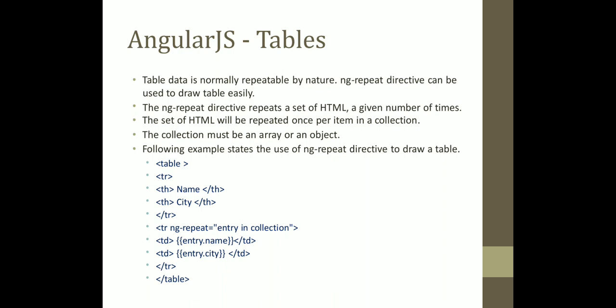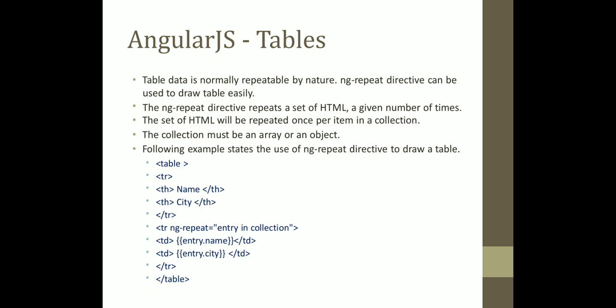So we have started the table with the table tag, then the tr tag for table row, and in a column we have provided two variables, name and city. The table row is closed; this is your first row. Then you are going to enter the data for name and city.